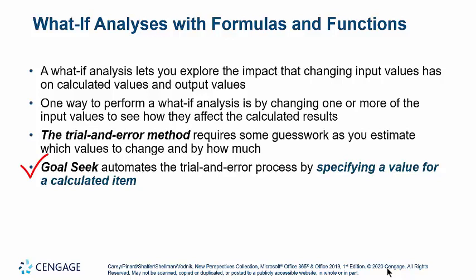GoalSeek automates the trial and error process by specifying a value for a calculated item. This sort of works backwards. We specify the outcome we're interested in achieving, and then GoalSeek will make adjustments to the input cells in order to achieve it.